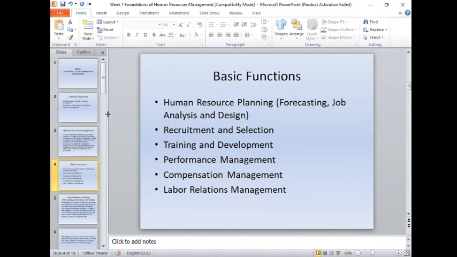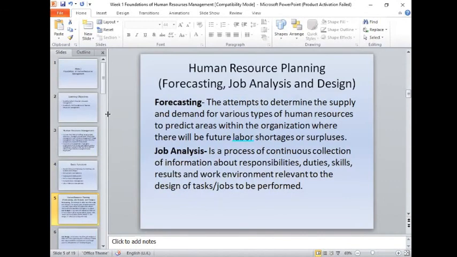And labor relations management is about the relationship of the employees and management, by means of organizing a labor organization and how they negotiate through collective bargaining on the working conditions and the compensation of the employees. So those are the basic functions for the foundations of human resources. Let us discuss them one by one.